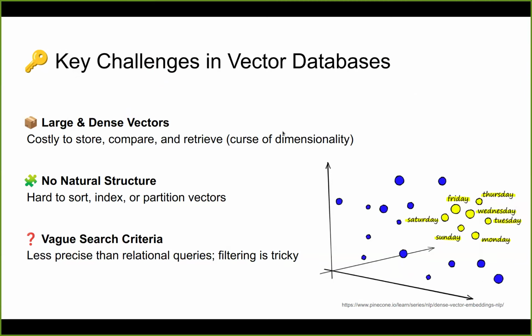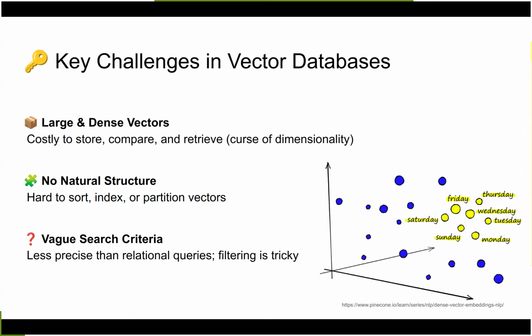So the key challenges in a vector database are, first of all, it consists of large and dense vectors, which makes it hard to navigate and find the nearest neighbors, to do fast and accurate queries. Also, as I said, there is no natural structure between two vectors. Like you can't say one vector is bigger than the other. That doesn't mean anything.